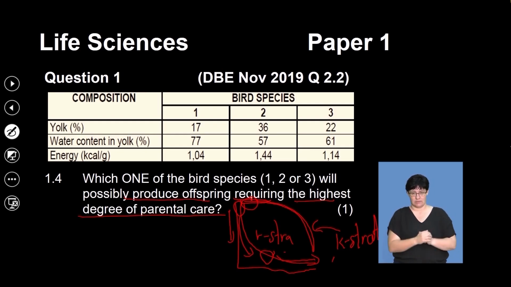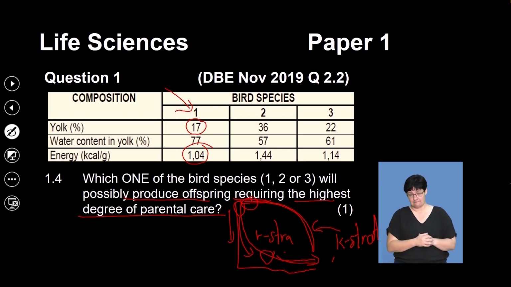Which of these will show the greatest amount of parental care? We would need to look at the stages of development internally and the amount of energy available. Of these, we would see that there's significantly less yolk. There is obviously very little energy available, and hence the young would need lots of energy and parental care to develop after birth.